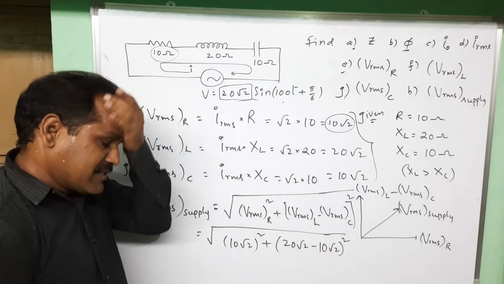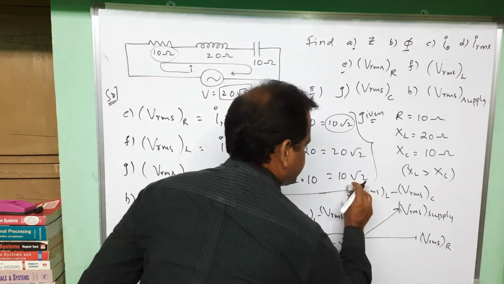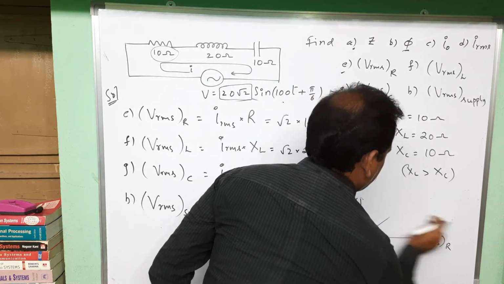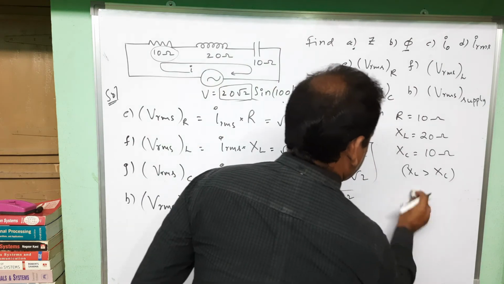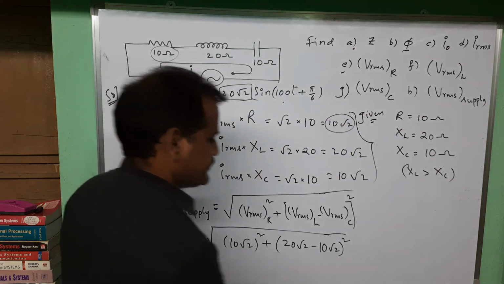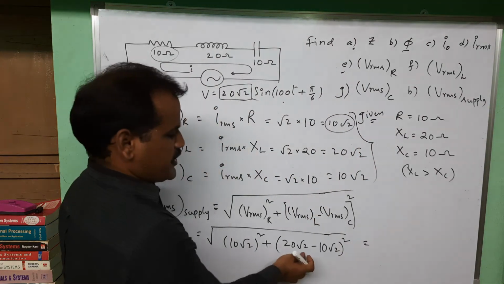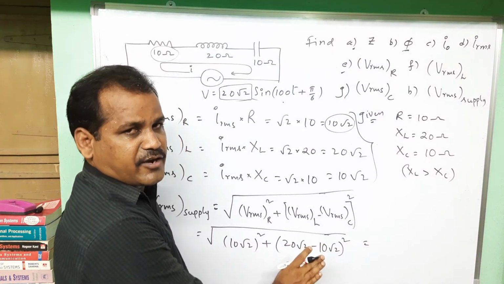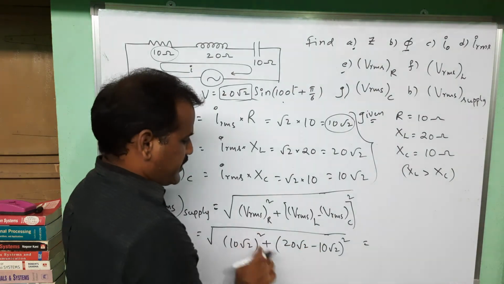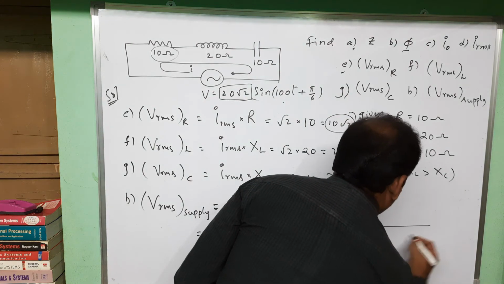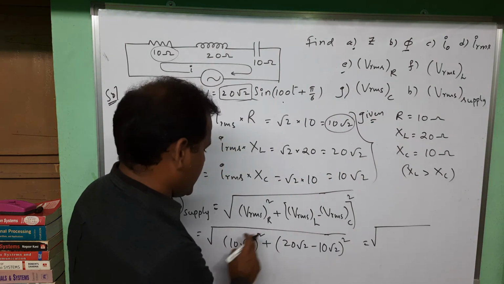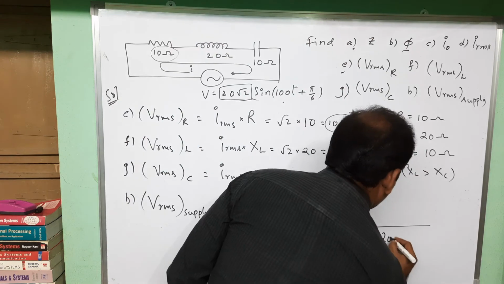Right. Let us erase this one. Let us simplify this to get the final value of the required supply RMS value. Here 20 root 2 minus 10 root 2 is again 10 root 2. Here 10 root 2 square, here also 10 root 2 square. That means here 100 times 2, that is 200.